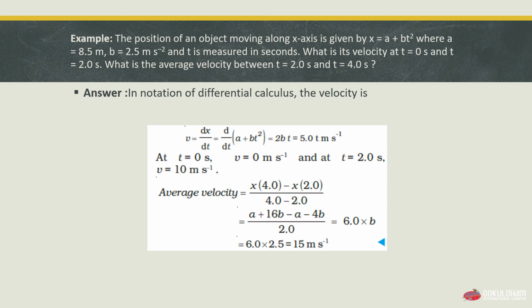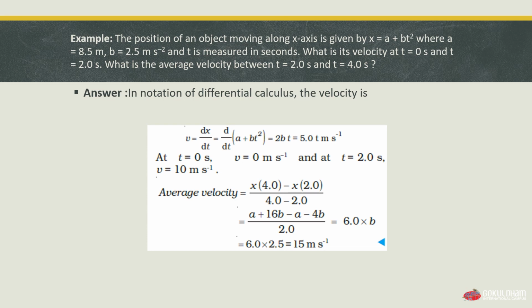Here 4.0 is our t value for the first x and 2.0 is our t value for the second x, and also we have to substitute x equals a plus bt, where the value of a is 8.5, the value of b is 2.5, and the value of t for the first x will be 4 and for the second x will be 2. So by distributing and solving it further, we will get a plus 16b minus a minus 4b, whole divided by 2, as 4 minus 2 will be 2 in the denominator.